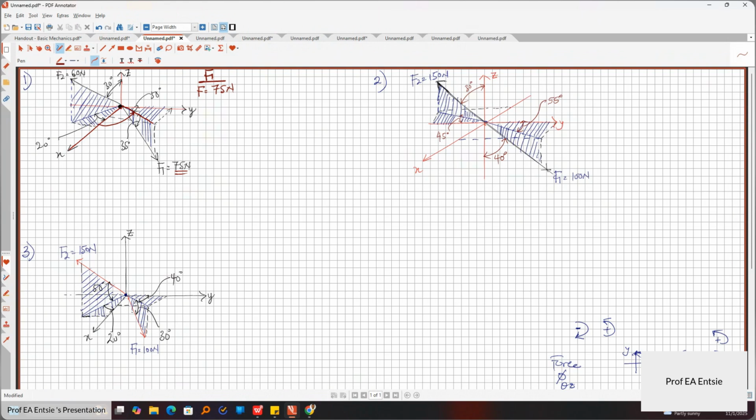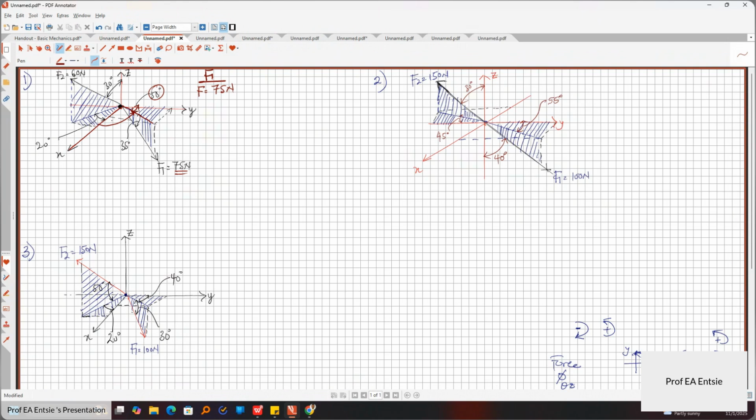The angle between each two adjacent axes is 90 degrees. For instance, between x and y, the angle is 90. Between y and z, the angle is 90 in that order. So we know that from y to the base of the plane containing the force is 50 degrees.